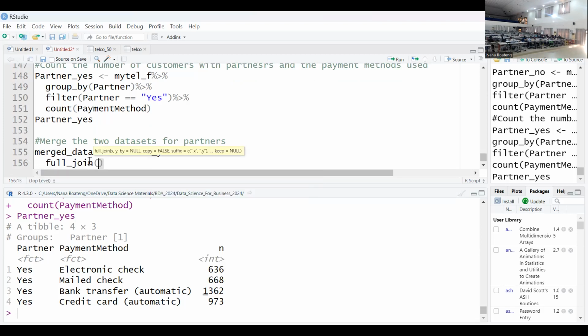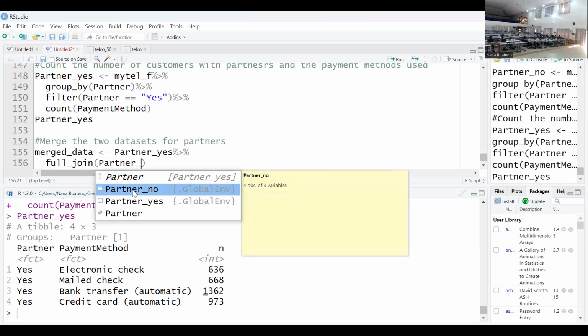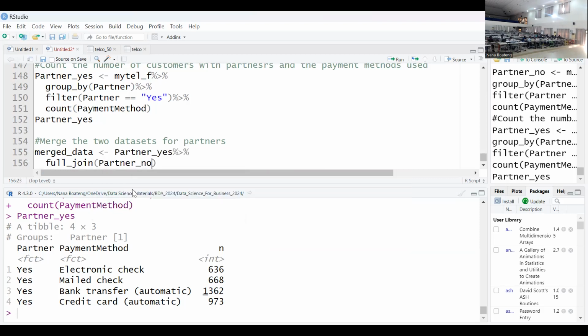What are we joining with? We are joining with partner no, isn't it? So partner no. Upon what basis are we joining the two? What do we have among the two that will make much more sense? Okay, so we have the partner column, we have the method column, we have the number of counts.